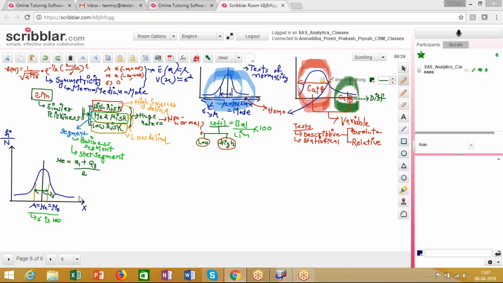Now talking about the next part, what are the other things that we generally get to see? For a distribution to be normal, you'll see that towards the extreme tail ends, the distribution generally flattens out.